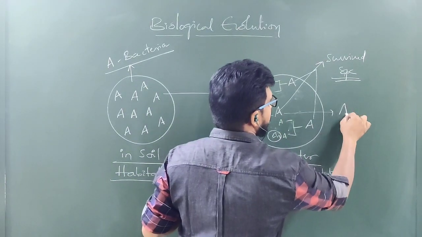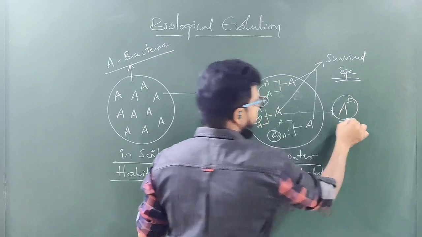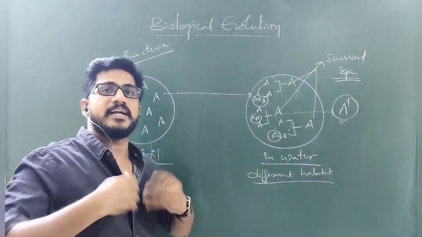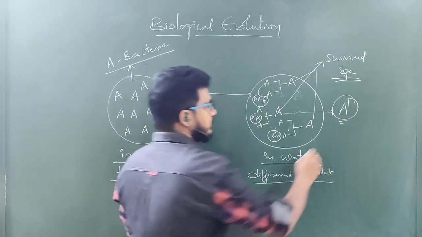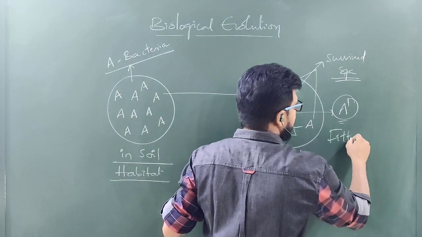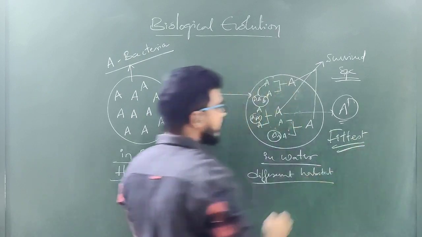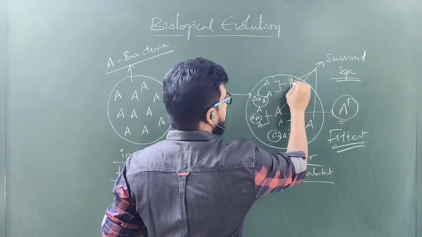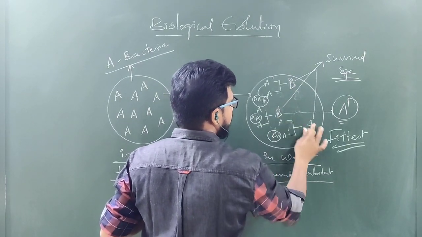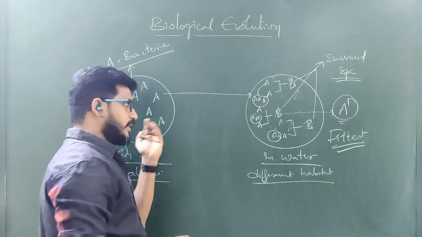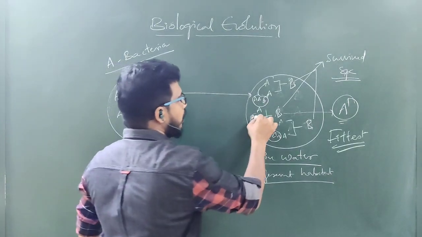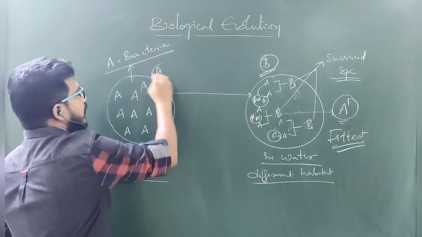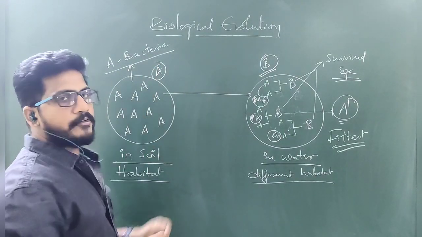So they are called A1, or A dash, not A. A dash having a better quality means they are fitter than this A. If you think these are B, they will become B. For clarity in the differentiation, I said A turns into B. Then all B organisms will be produced. So B is more fit compared to A, but B is evolved from A.